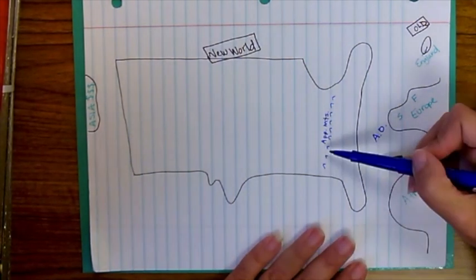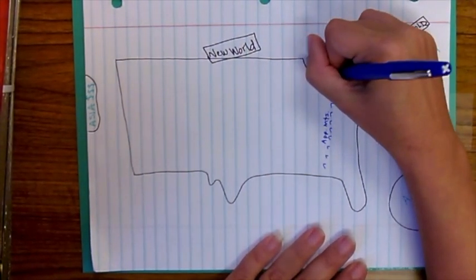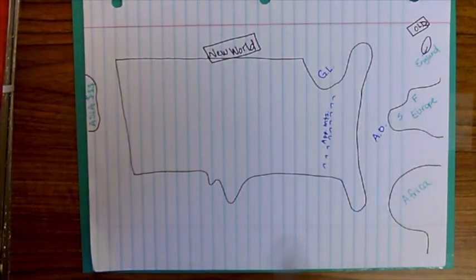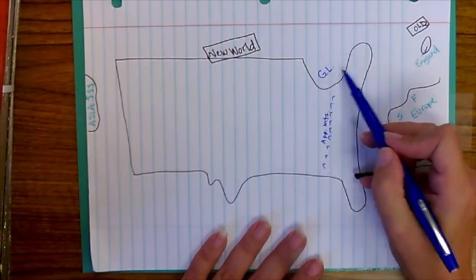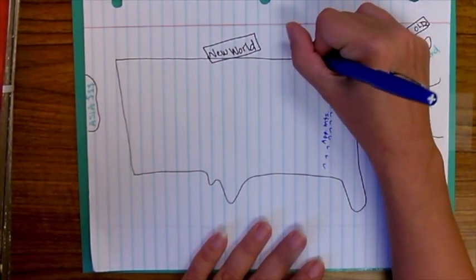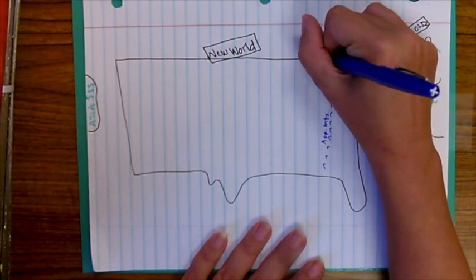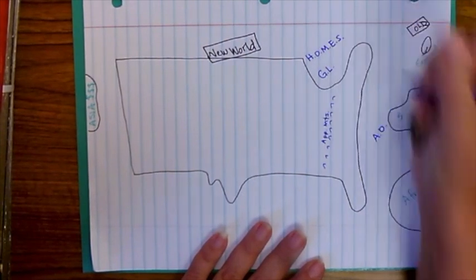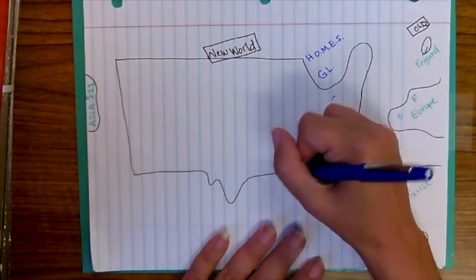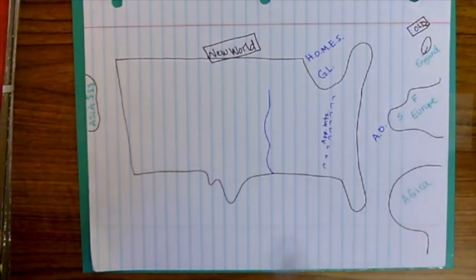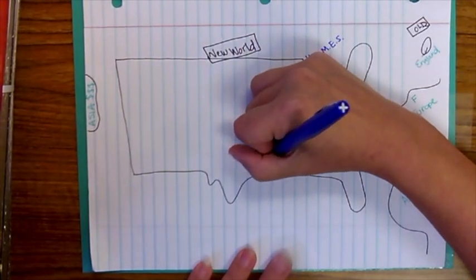North of them are the Great Lakes that all come together, serving as travel, trade, and transportation in that area. To remember the Great Lakes, we have an acronym, HOMES: Lake Huron, Lake Ontario, Lake Michigan, Lake Erie, and Lake Superior. All right, then we have right there our Mississippi River.